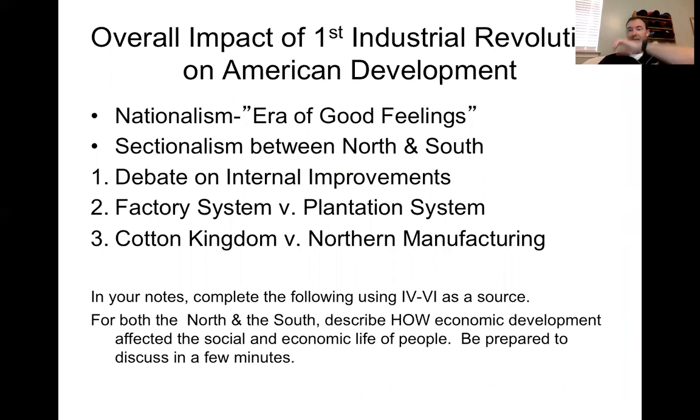Well, first of all, remember, sectionalism is that division. It could be economic, it could be political, it could be social, it could be cultural. By the way, some of those things actually blend in together, but it is basically division based upon regions of the country and their feelings about how, in some cases, government is treating their sets of interests.